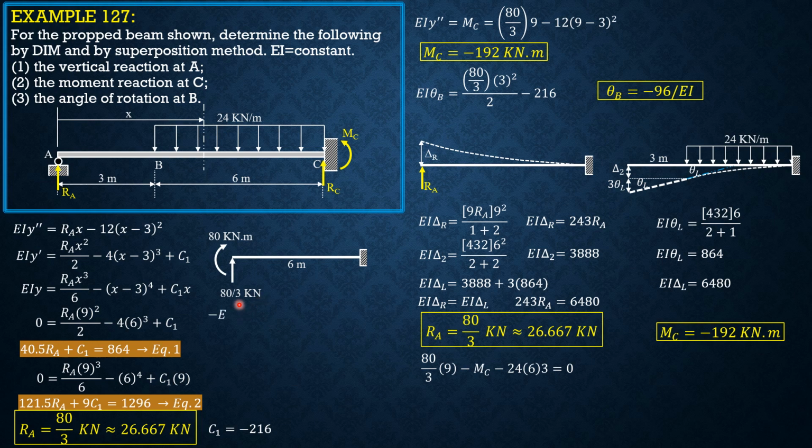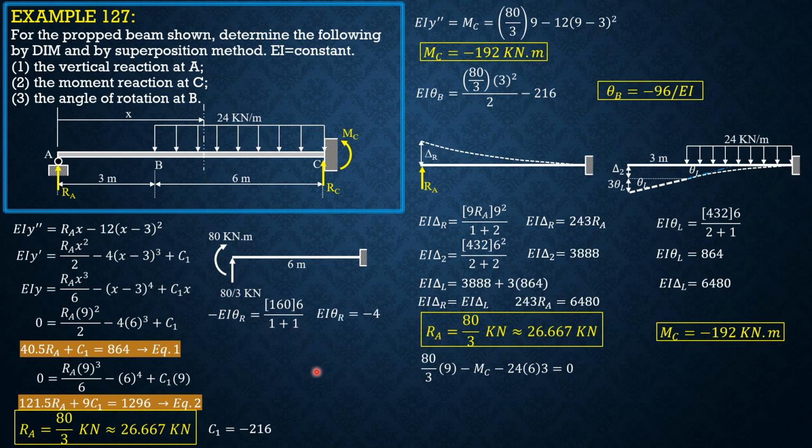So for the theta R, moment at the wall, negative EI theta due to this reaction, 80 over 3. The moment at the wall is 80 over 3 times 6, so that's why 160. Length 6 over degree, again, is first degree plus 1.